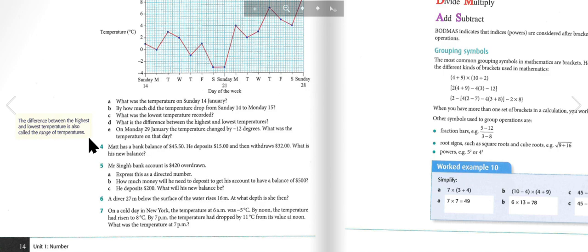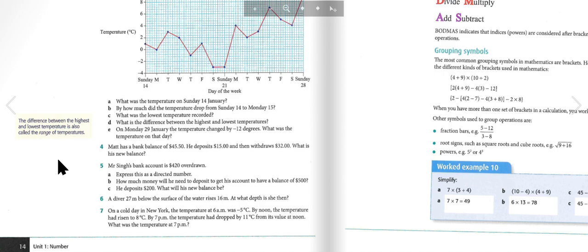Okay, question 4. Matt has a bank balance of $45.50. He deposits $15 and then withdraws $32. What is his new balance? So 45.50 minus 15.00 is 30.50.